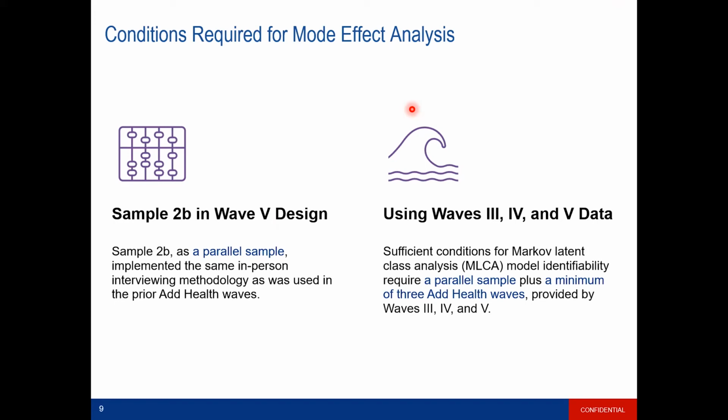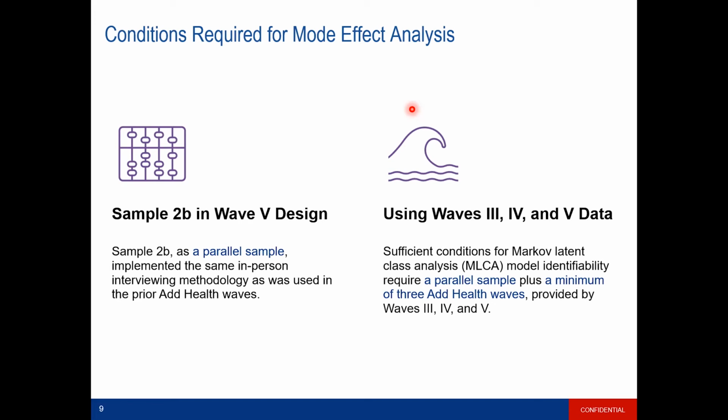In order to do that analysis, we needed 2 conditions. As Brian mentioned, the first condition is that we needed to have a benchmark sample. That's why we have sample 2B in wave 5 as a parallel sample in which we implement the same in-person interviewing methodology as we used in the prior Add Health waves. Then we used the mixed mode design for the rest of the sample in wave 5.